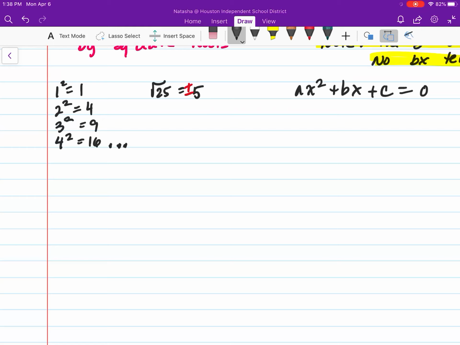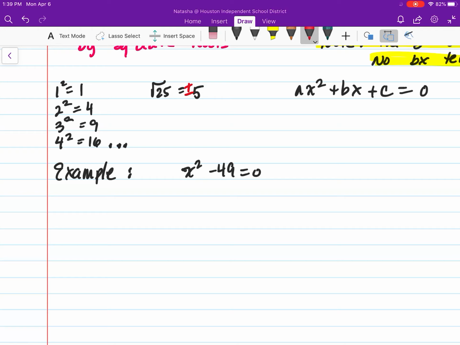Let's say we have our first example. When we have a quadratic in the form of ax squared plus c, let's say it's x squared minus 49, and that's equal to 0.